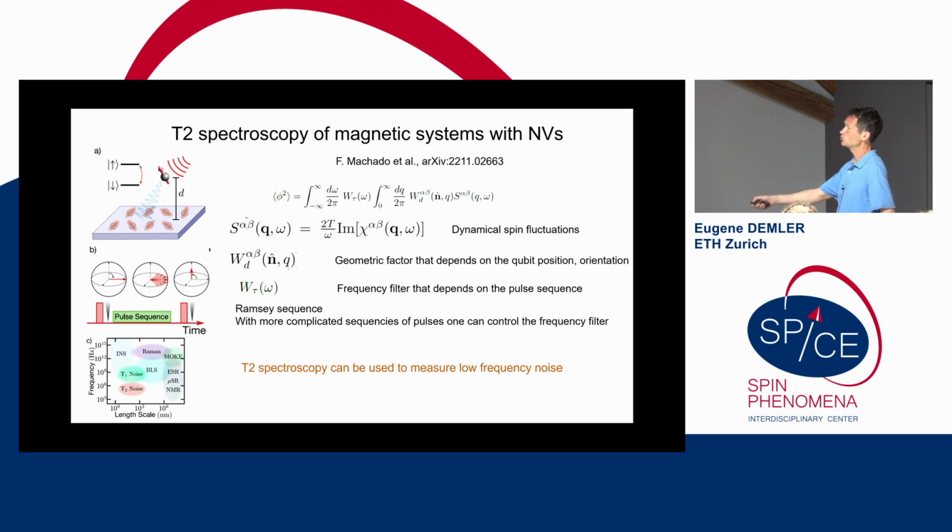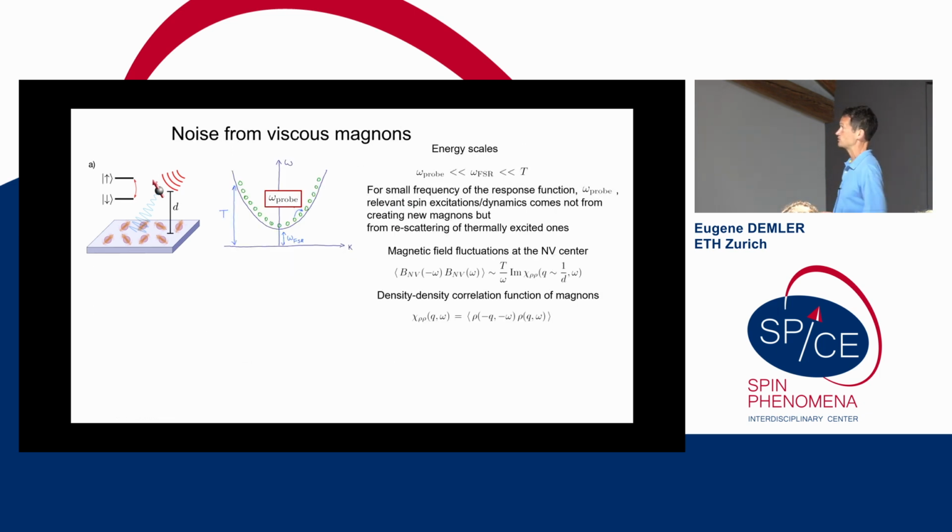But then, I showed you a very simple type of pulse. By now it's an art of engineering pulses in such a way that one can really extract information about a specific part of the frequency range, but again, at low frequencies. And now imagine the following situation. We have a ferromagnet in a magnetic field.